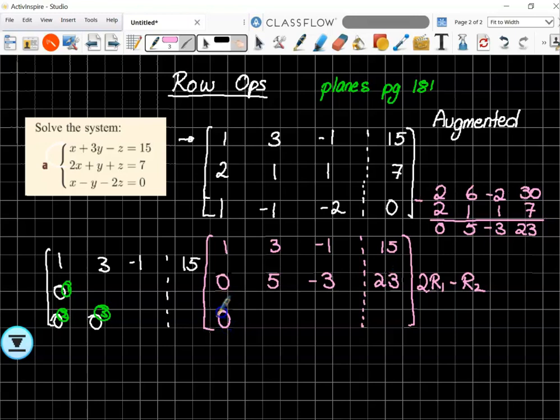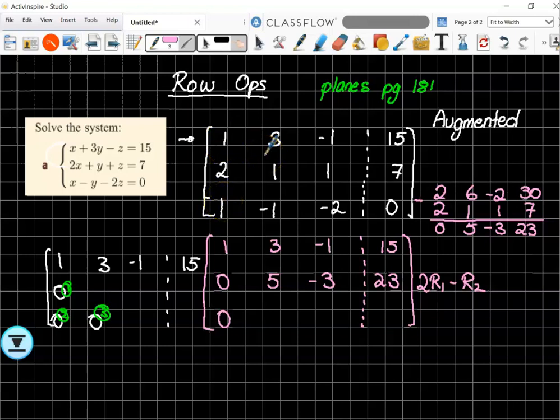How am I going to make a 0 go here? 1 and 1, yep. So your choice: I think row 1 take row 3. You can by all means say row 3 take row 1, but then you have minuses there.